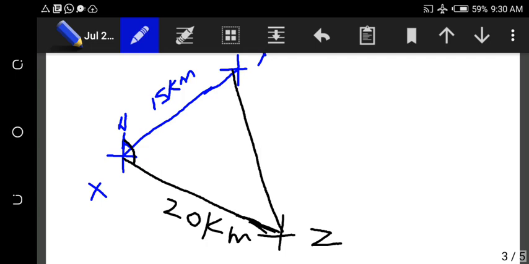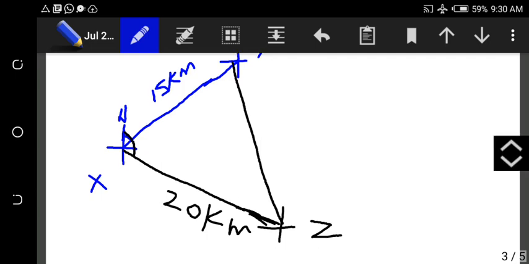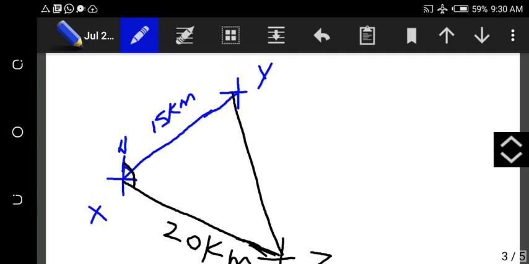Now, let's make sure we understand the sketch. We are told that a village Y, which is here, is 15 kilometers away from a point X on a bearing of 025 degrees. That means that from here to here is 25 degrees. Then we have that another village Z is also 20 kilometers away from the same point X, on a bearing of 115 degrees.